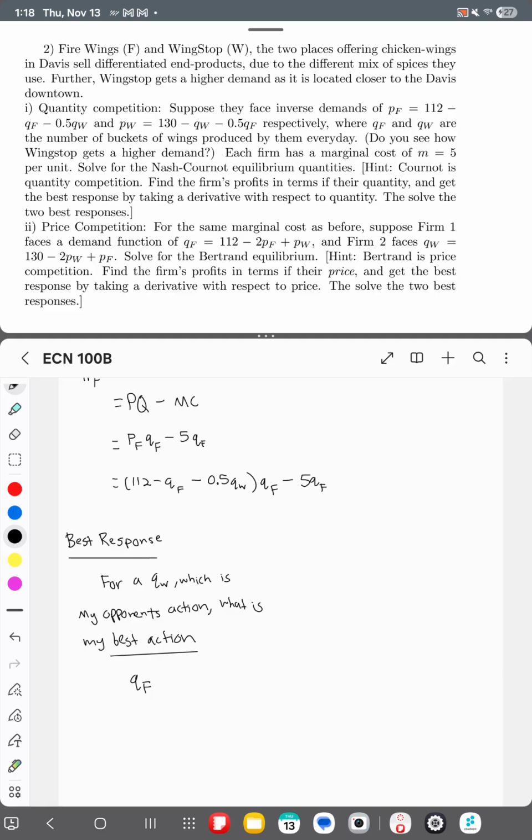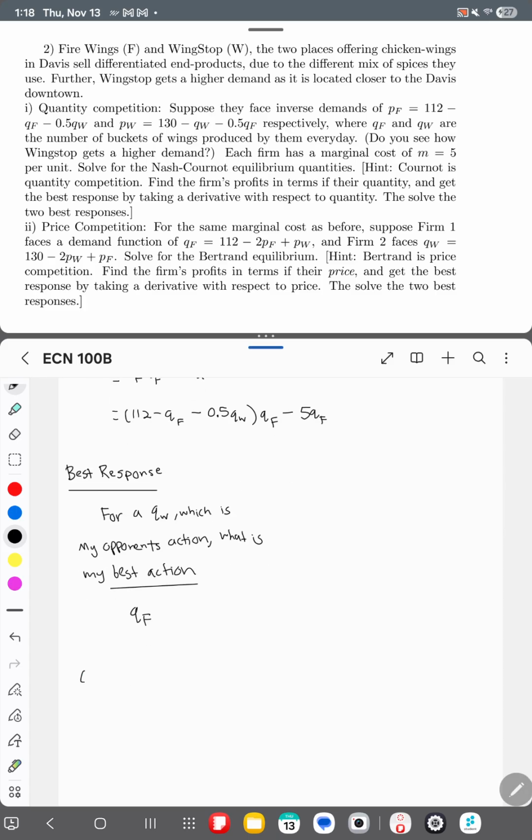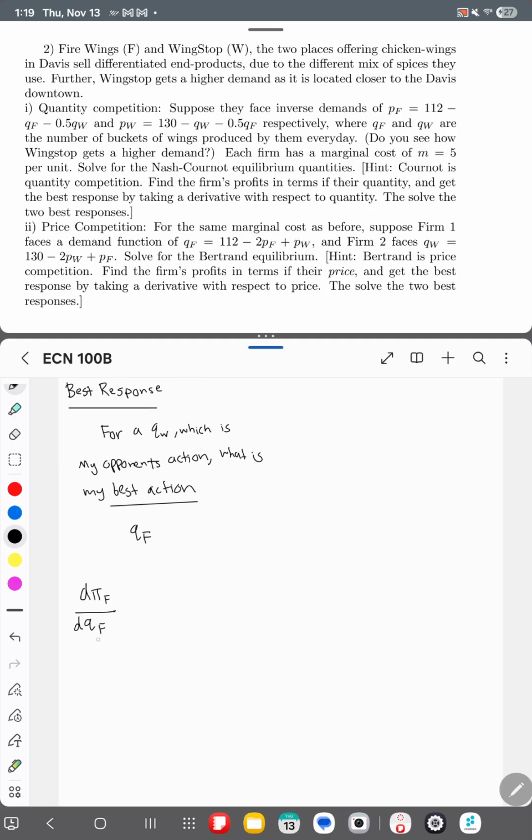Just the derivative, like we always did for monopolies. So what you would do is, you would take the profit of this firm, you would derive it with respect to the quantity, because this is quantity competition, which is also called Cournot, as we saw on the last slide, and firms' strategy is quantity.